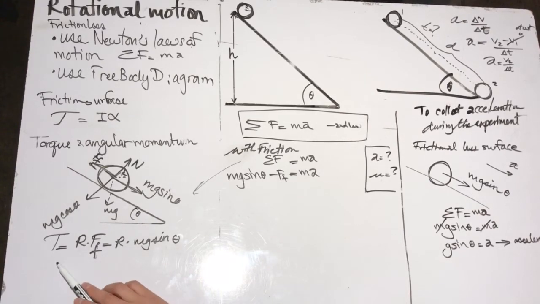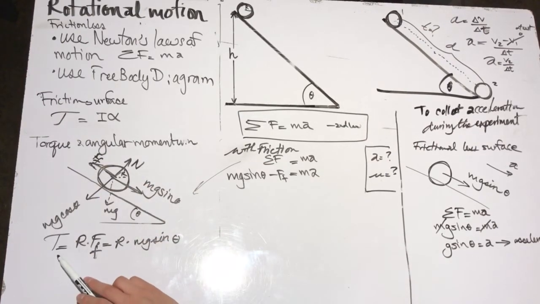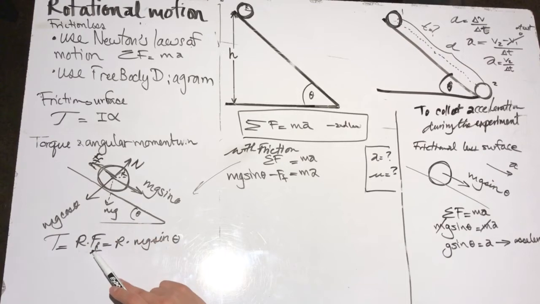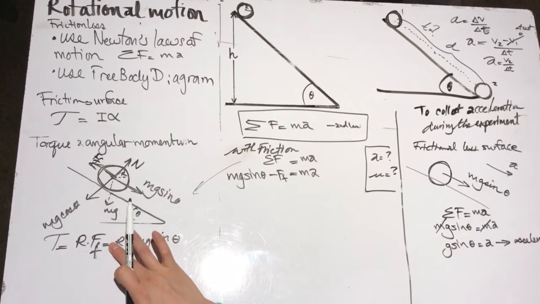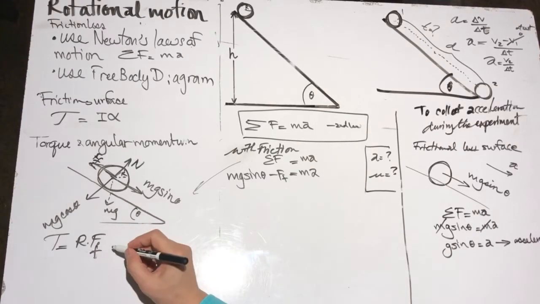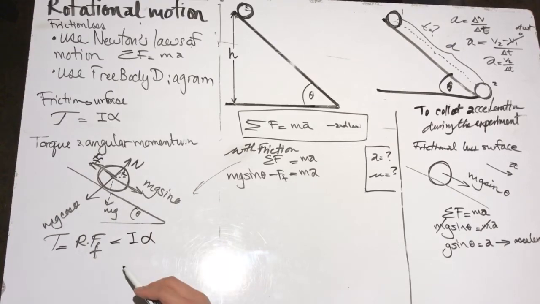And so we're going to apply the concept of torque and angular momentum. Torque is equal to the distance, which is the radius of that object, times frictional force. It's not this one, okay, it's that. And the torque is also equal to this, angular momentum.